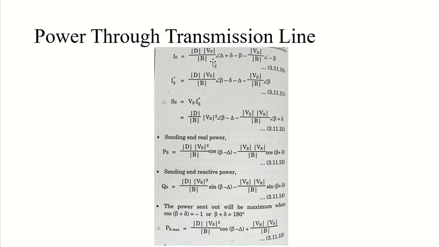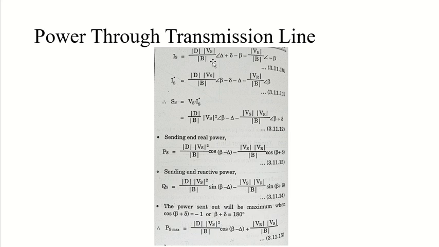Okay, and the angle associated with Vr was 0, which means 0 minus beta because B was in the denominator, so we are having negative beta. Now taking the complex conjugate of it, what will happen? The signs of the angles will get flipped.